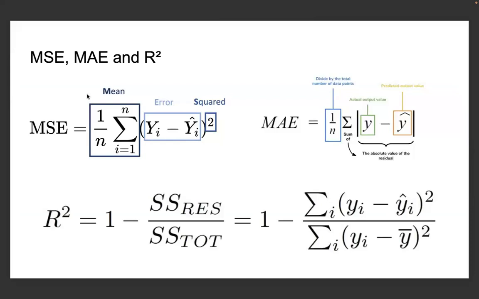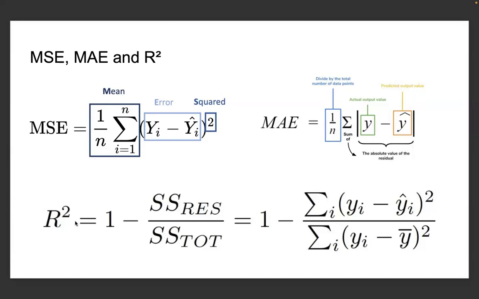As we can see, we take the mean over all our parameters, calculate the error, and to make it positive, we have to square it. And MAE is mean absolute error. As you can see, we just sum our errors in the model.